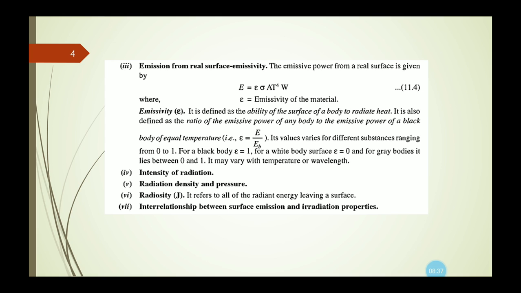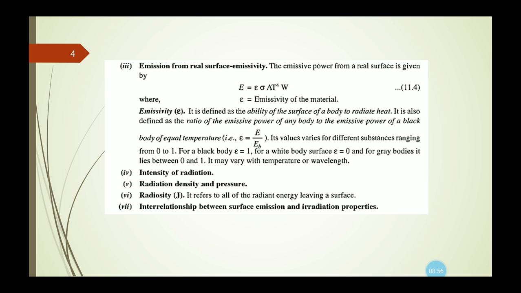It can also be defined as the ratio of the emissive power of any body to the emissive power of a black body at equal temperature. It is epsilon equals capital E divided by capital E suffix B.